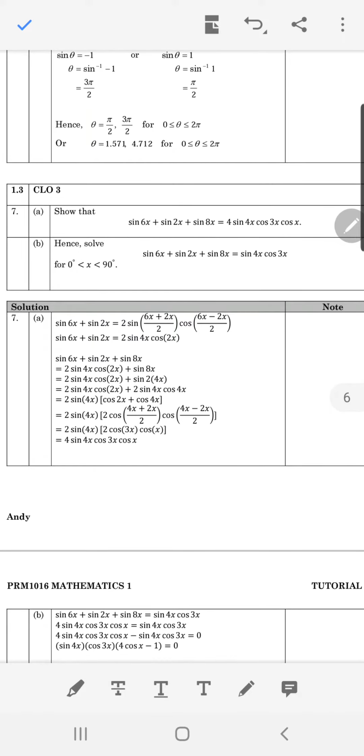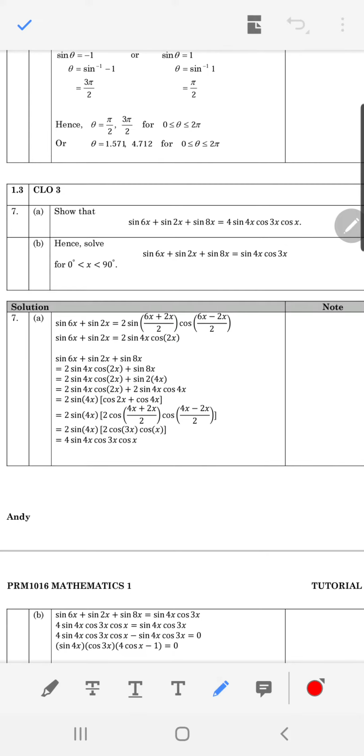Question number 7. A lot of students are asking how to do this. Actually it's very simple. This 6x will be your P, 2x will be your Q. This 8x, you make it become 2 times 4x.